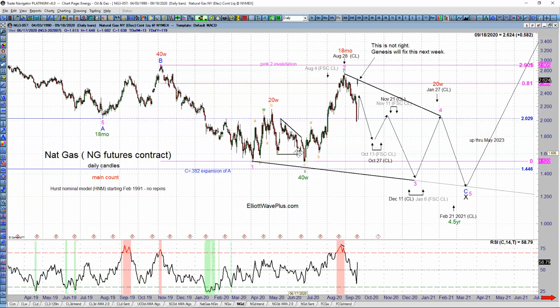Now this candle, blow it off. It does not belong there. This is not right. Genesis will fix that next week. So I can see this thing pulling back, maybe back here to 240 next before continuing lower.